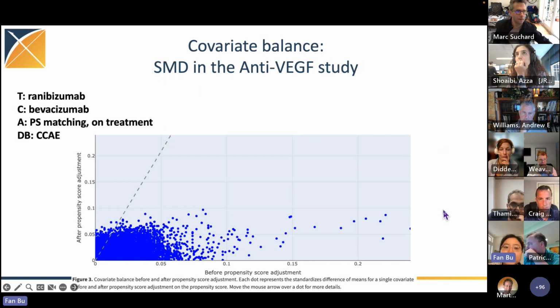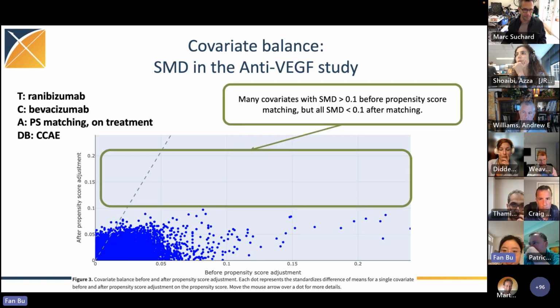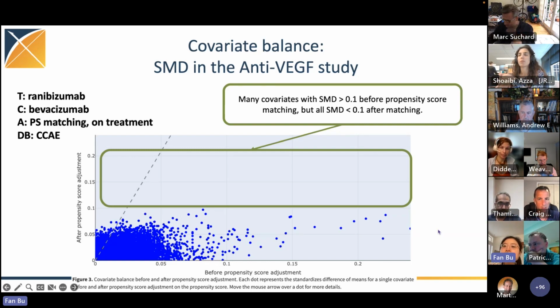And then here, if we check out some results in our anti-VEGF study, the same target and comparator pair in this example, we see that after propensity score matching has been implemented, across all the covariates, we have standardized mean differences that are below 0.1. So in terms of covariate balance, we are pretty good in this particular comparison.